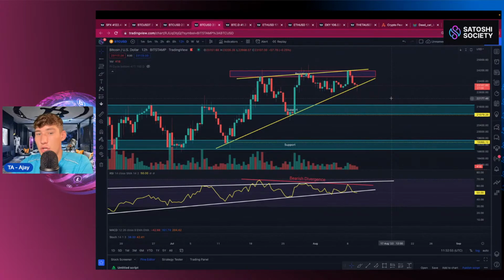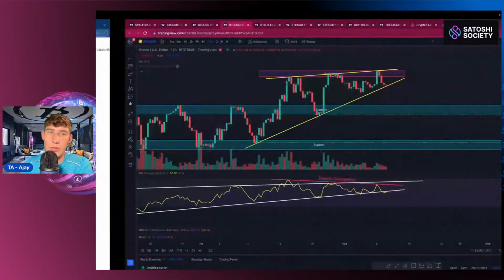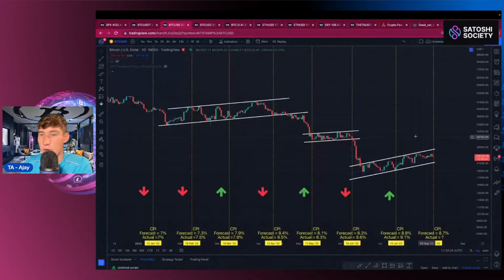So just be aware if you are opening up a short or a long position before the CPI data comes out, because I do think we are going to see a lot of volatility when we do get this CPI data out. Just showing you again, you can see when we have the CPI data come out, we do have a lot of volatility that happens afterwards. So just be aware of that.